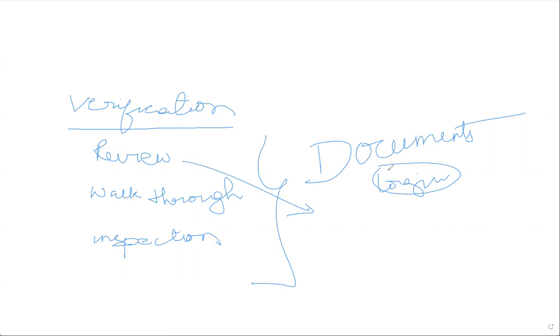Okay, so this can be done individually. So in a team, if we have 5 people, individually they can review the document. A few examples of review are requirement reviews. Once we have the requirement documents, we do requirement reviews, and design document reviews. And sometimes the developer also does code reviews.